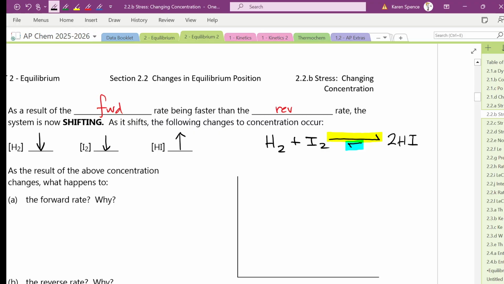As a result of these concentration changes, H2 is decreasing, I2 is decreasing. What's going to happen to the forward rate? It will decrease.